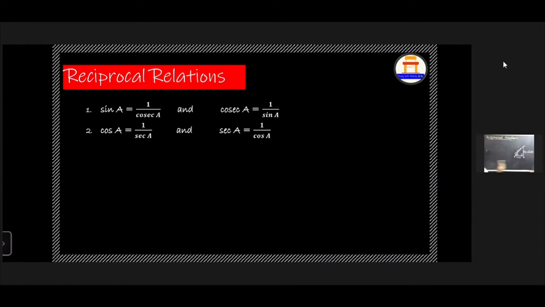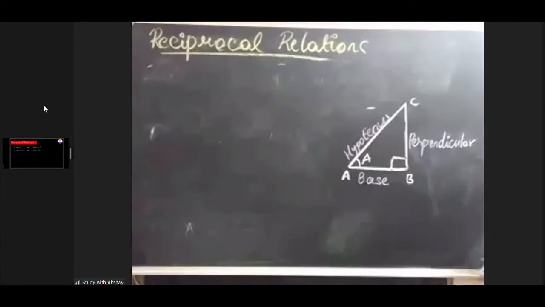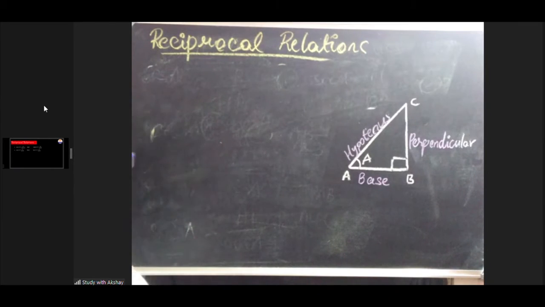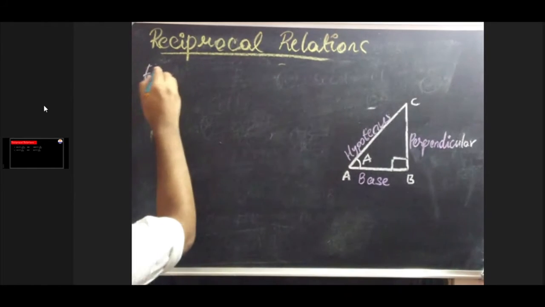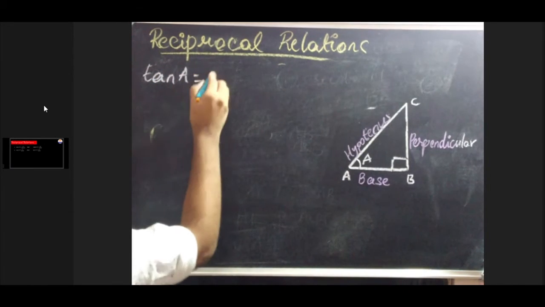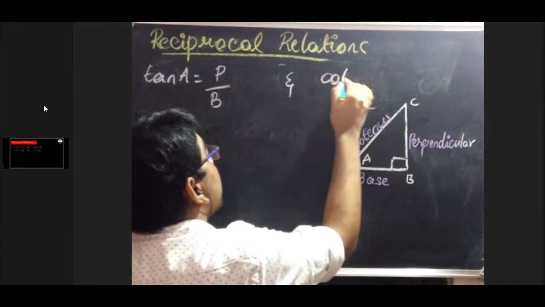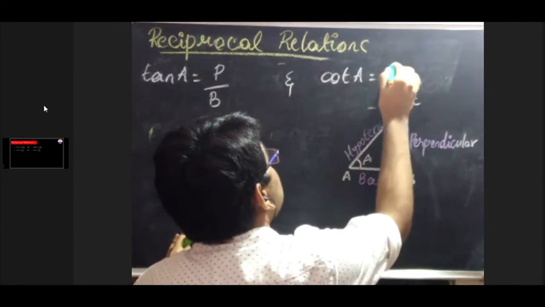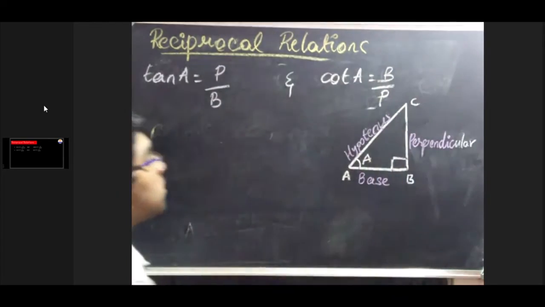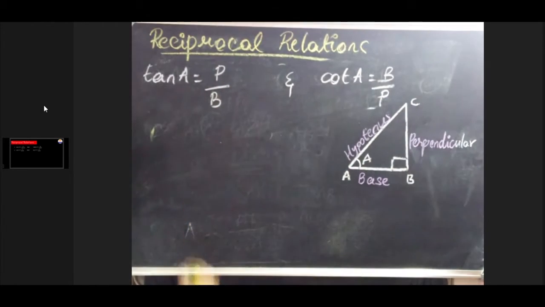Let's go with the third one. Third reciprocal relation is tan A as perpendicular by base and cot A as base by perpendicular, right? So are these two reciprocals?